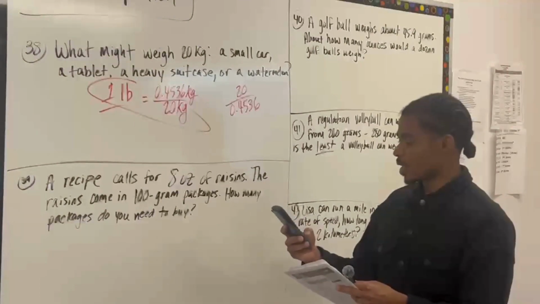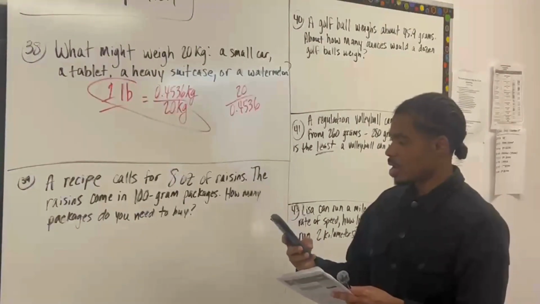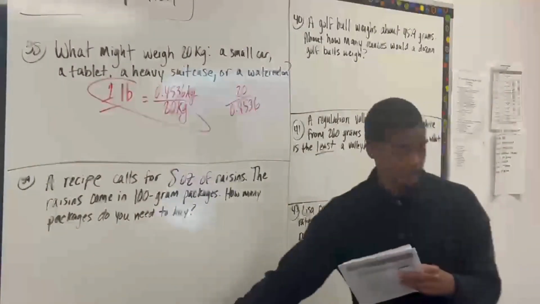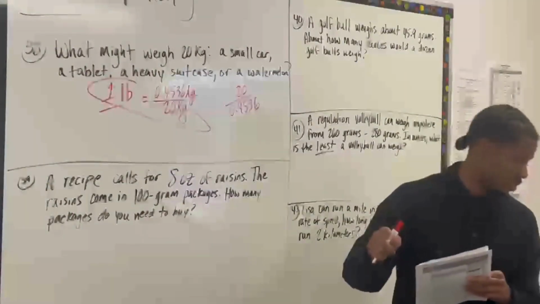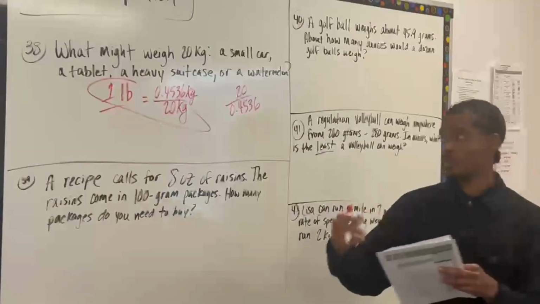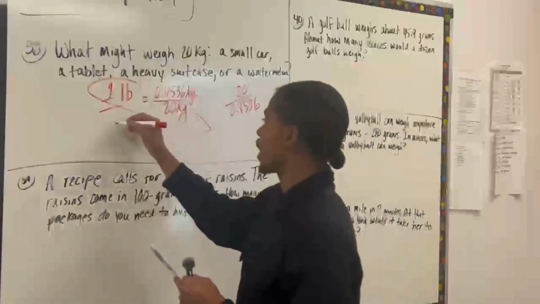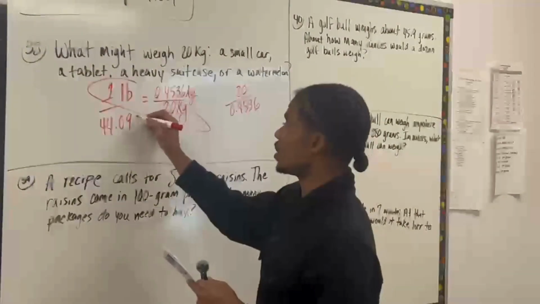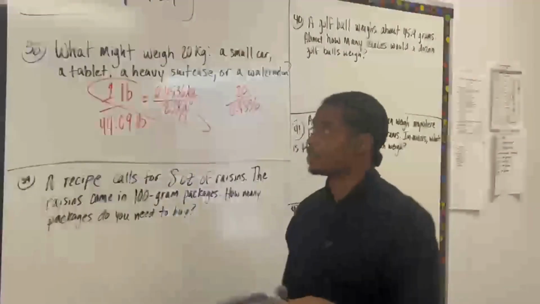So if I put that in my calculator, I would have gotten a long decimal, and it said to round to the nearest hundredth, so 44 and 90/100 of a pound.